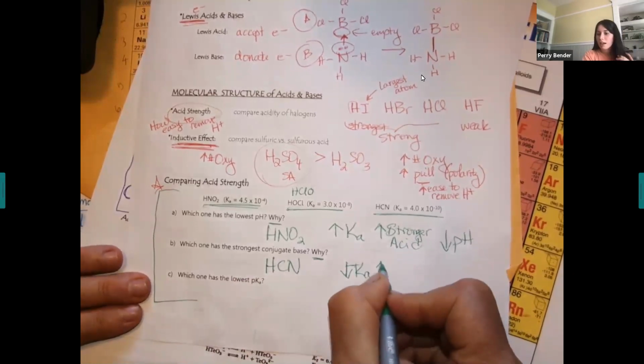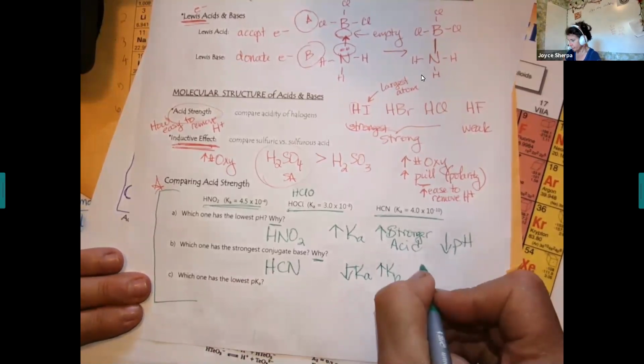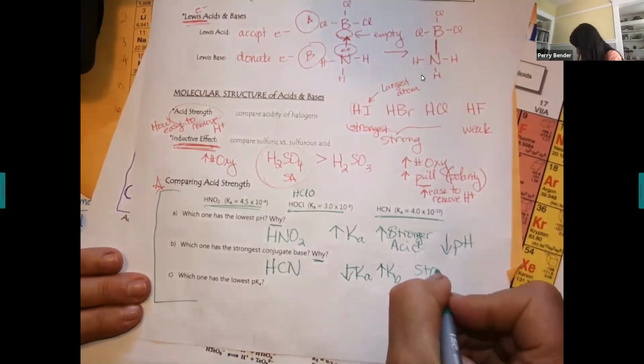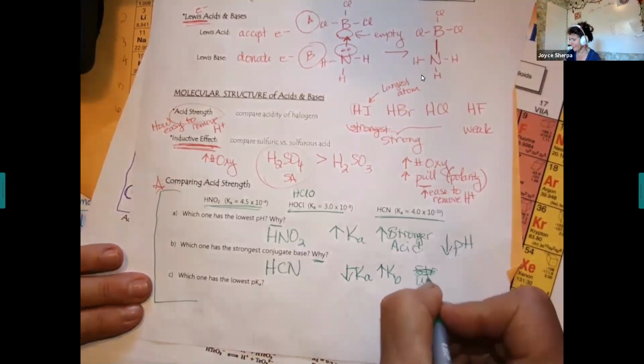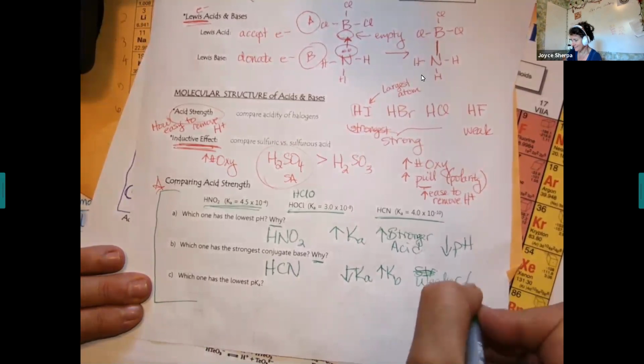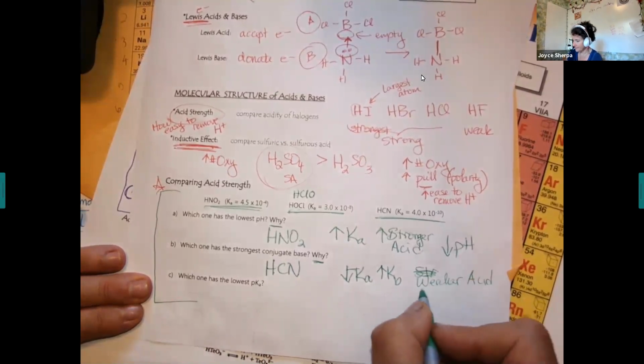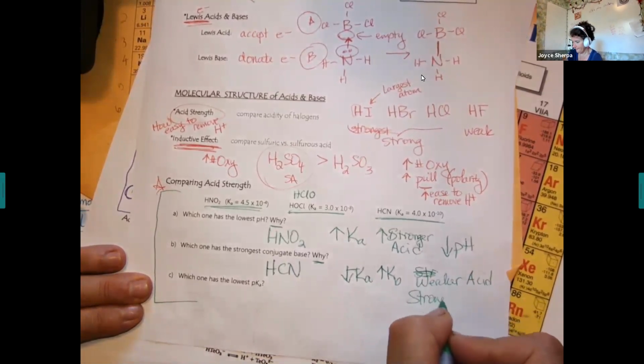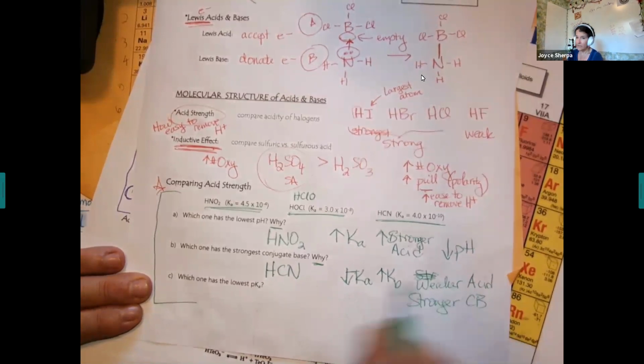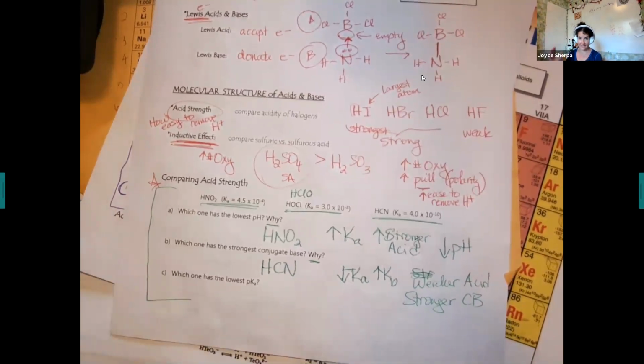Yeah, lower Ka means higher Kb. So the weaker the acid, the stronger the conjugate base. So as Ka goes up, the Kb of its conjugate goes down. They always go opposite.